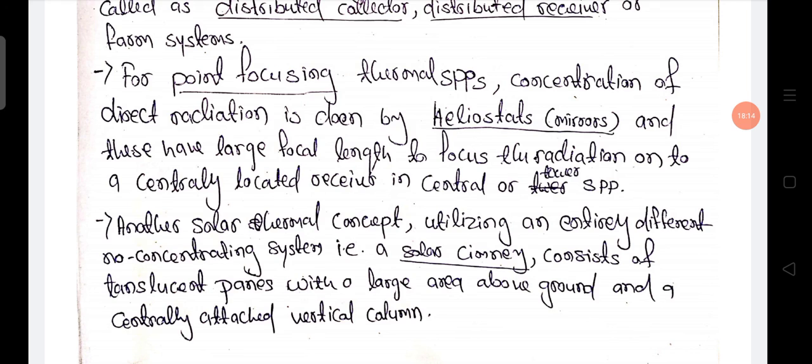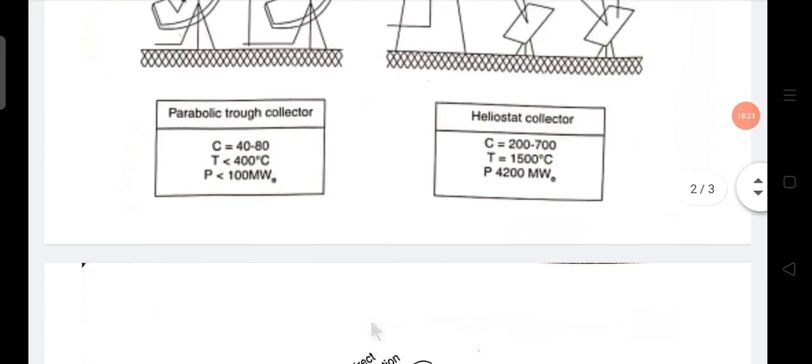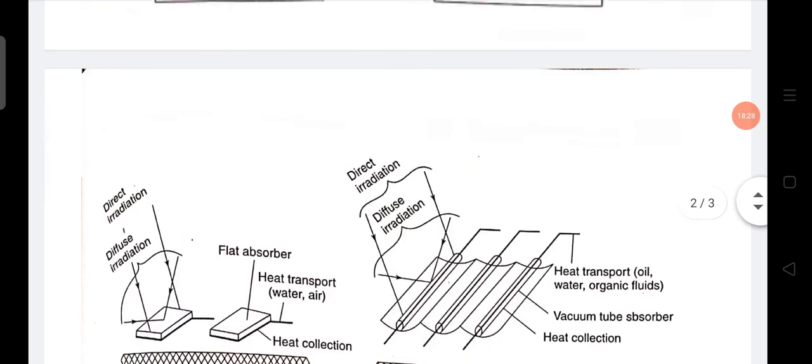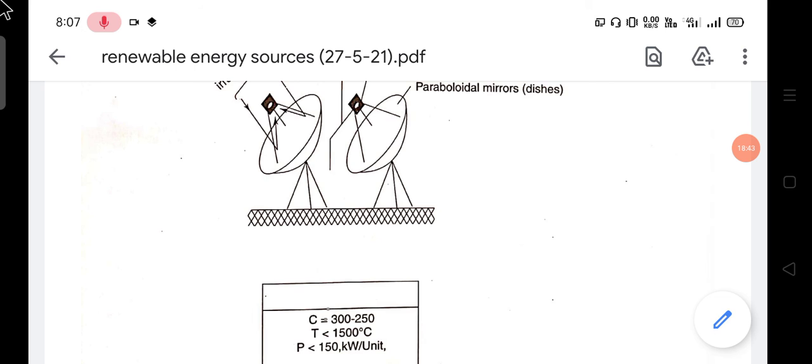We can use all these previously discussed techniques, 1 2 3 4 5 6 7, in different solar power plants. As we need energy from the solar power plant, we can use different types of solar collector systems. Okay, thank you.